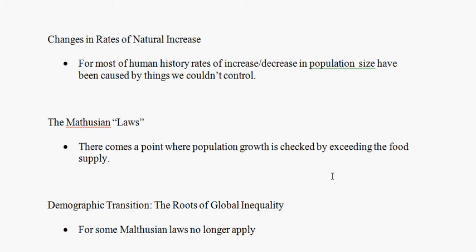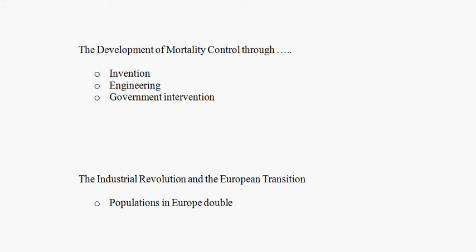For Europe and the West, Malthus's laws that food consumption and reproduction rates affect increases and decreases in population no longer apply. We, that is the West, have reduced death rates through invention, social engineering, and government intervention: sanitation, clean water, antibiotics, and accident prevention.